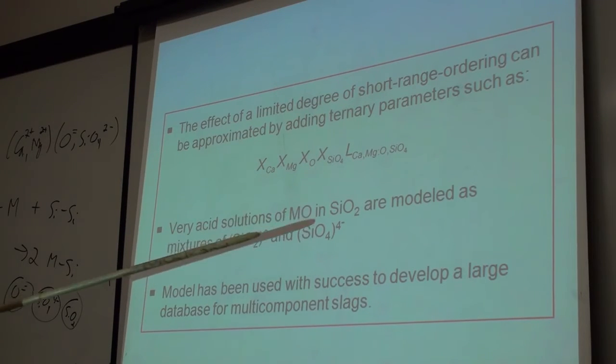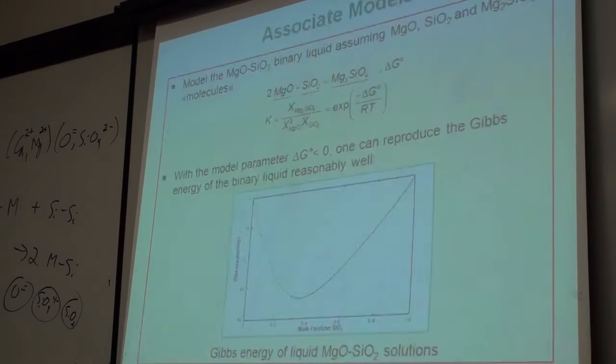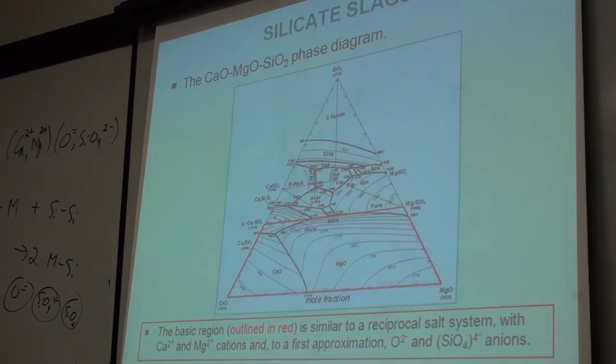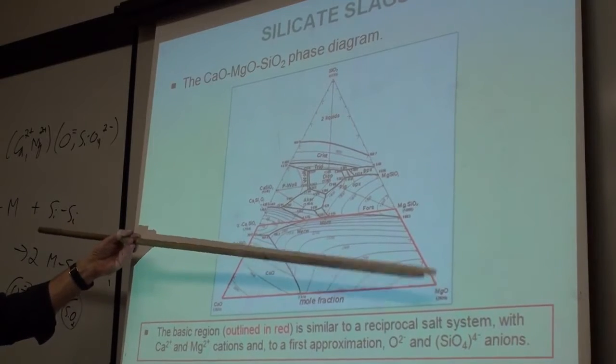Very acid solutions, at the top part of the triangle, are treated as mixtures. Up here, according to their model, you'll have very few oxygen ions, O minus minus.